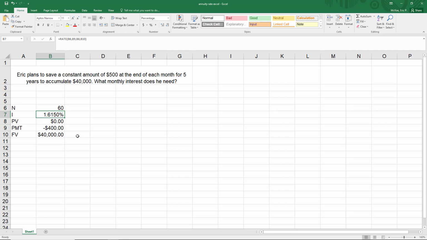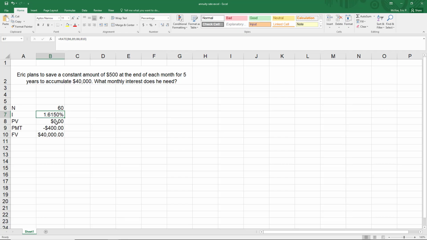All right, so with this single function, we can now find the interest rate of any annuity our professor might throw at you. Do be careful, though, that you find the correct interest rate that the question actually asks for. If the question had asked for an interest rate different than the monthly interest rate, our function is always going to give us the interest rate that matches our annuity payments.